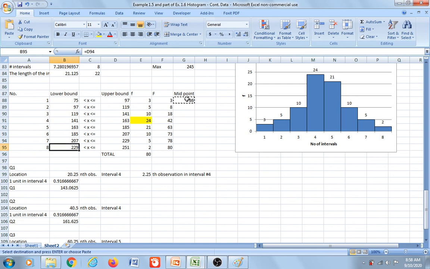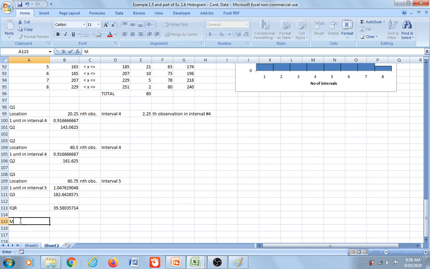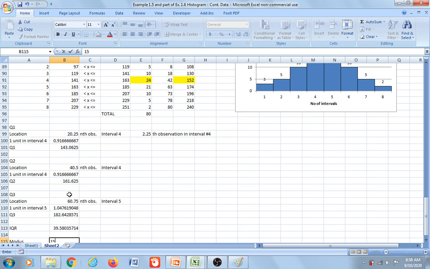Okay, since interval number 4 has the highest frequency, which is 24, the mode is 152. Let me see, 152. Yes, I'm just going to put equal this kind.